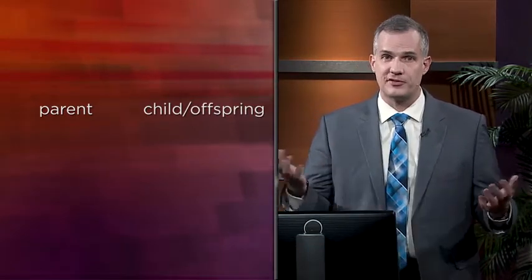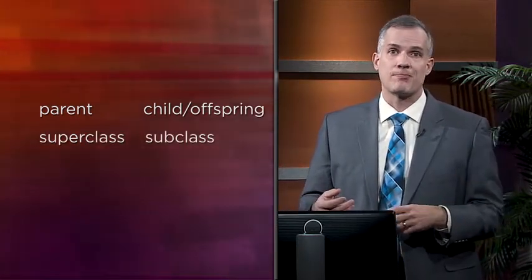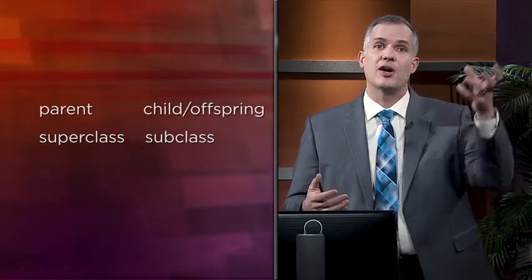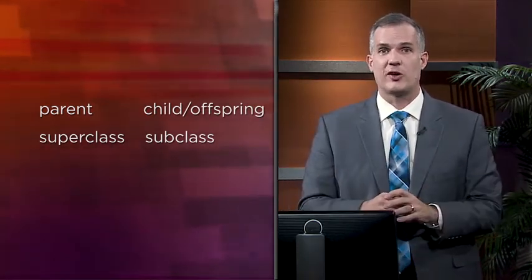There are actually different terminologies that are sometimes used to describe the relationships between different classes in a class hierarchy. First, following the terminology that we use for trees, we may refer to a parent class and a child class. One parent can have several children, also known as offspring. Another terminology that's used is superclass and subclass. A superclass is the class above a point in the hierarchy, and a subclass is a class below a point in the hierarchy.